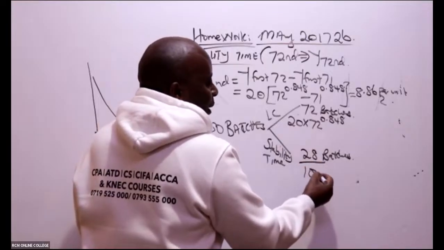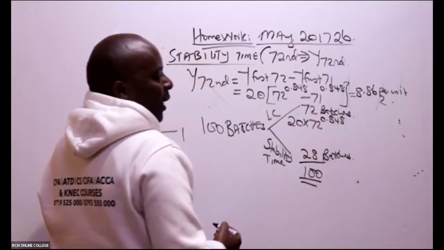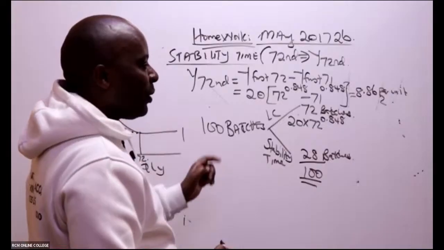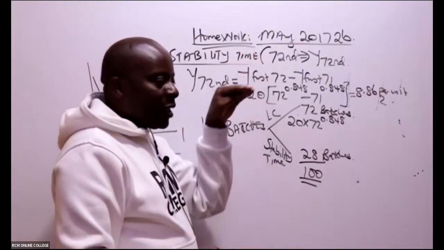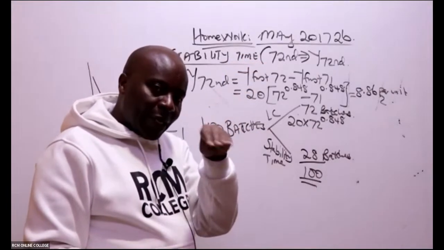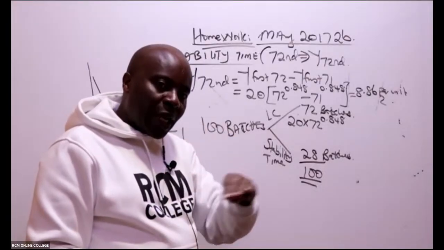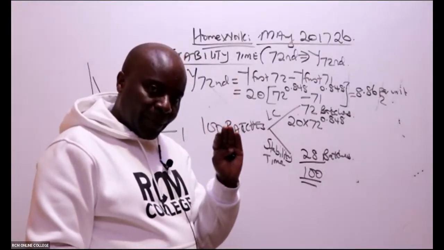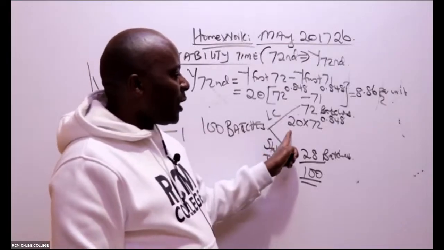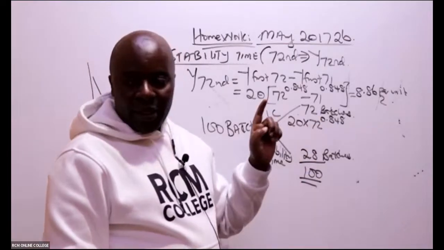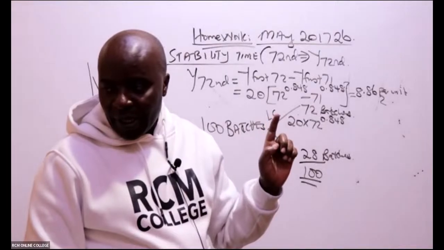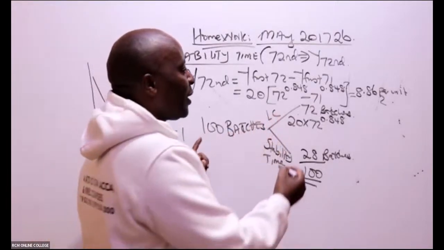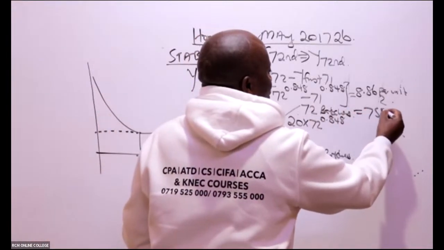Because all the batches must add up to 100. So we have 20 times 72 raised to that. Is there somebody who can give me this? Gladys is giving me 752 hours.